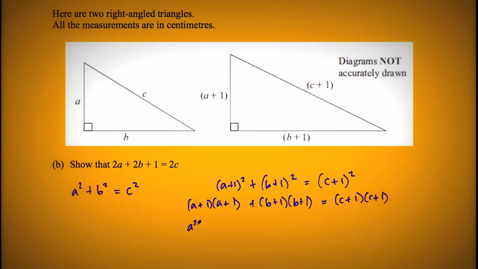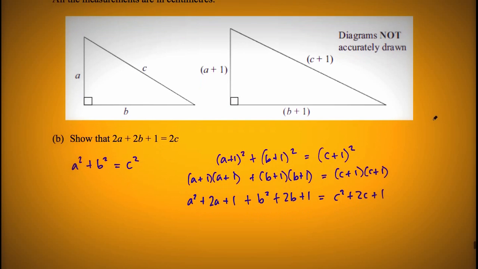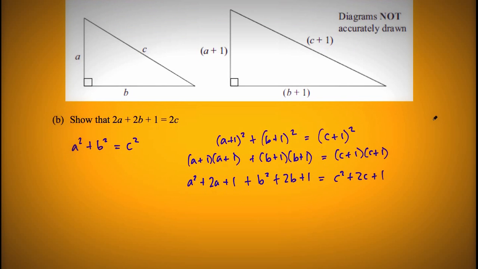So a squared plus 1a plus 1a, so that's a squared plus 2a plus 1, plus b squared plus 2b plus 1 equals c squared plus 2c plus 1. If I collect those things together, I've got a squared plus b squared plus 2a plus 2b plus 2 equals c squared plus 2c plus 1.